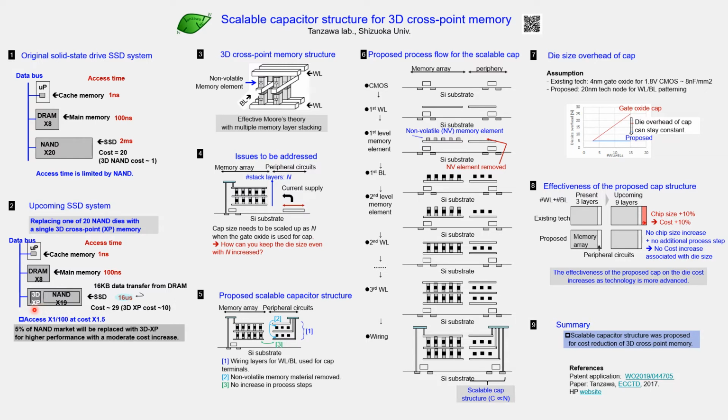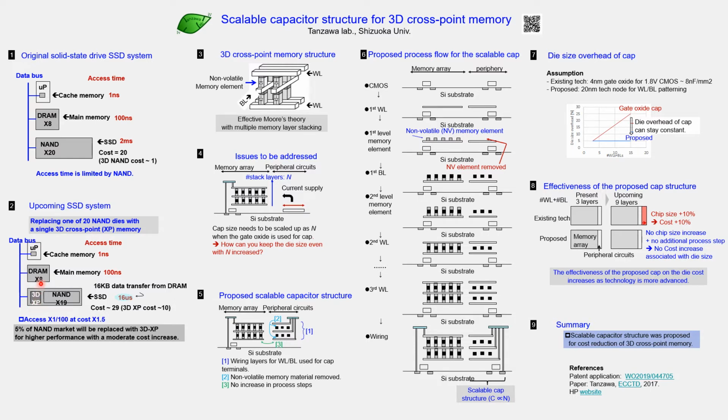You don't have to replace all NAND chips with 3D cross-point memories, because you just need to accelerate the performance with minimal overhead in terms of cost.